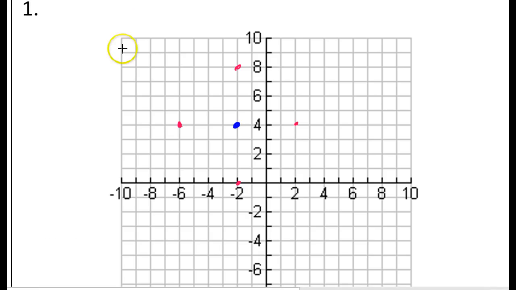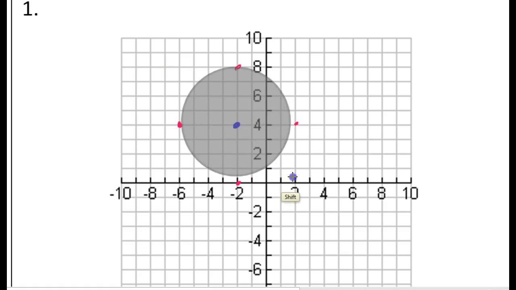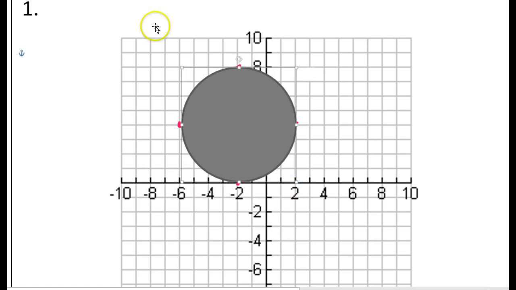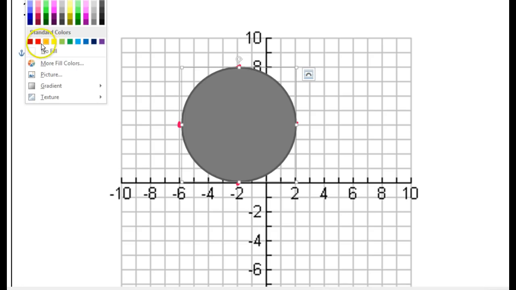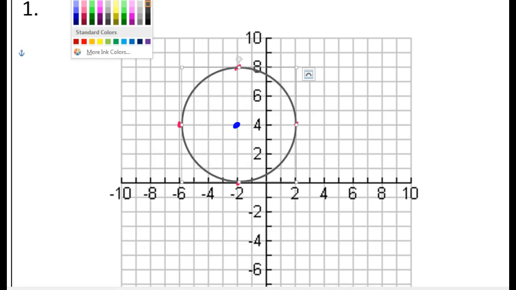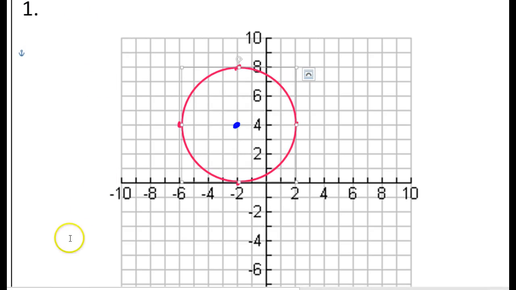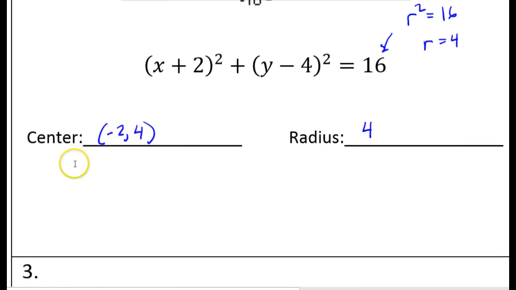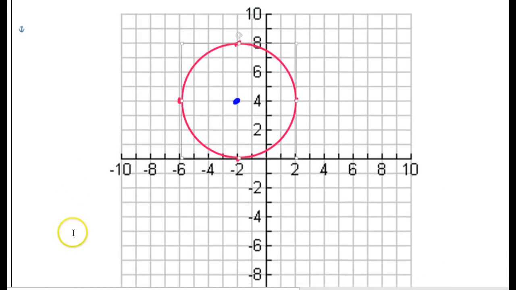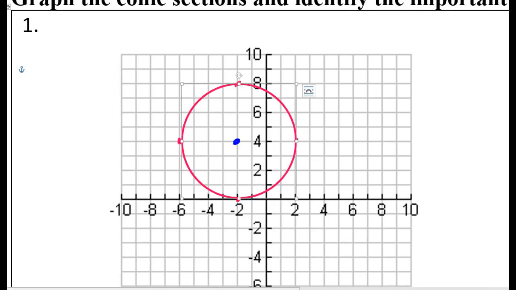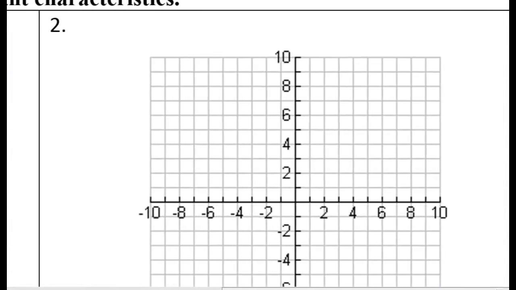So that is enough for me to be able to draw the circle. All right, and I think that's it for problem number 1. Let's move on to problem number 2.